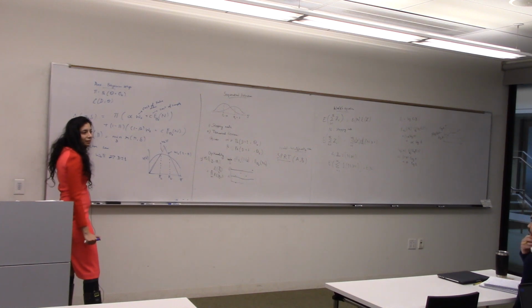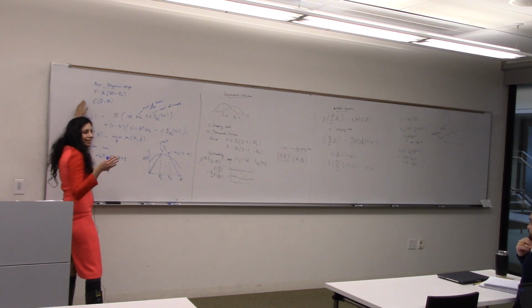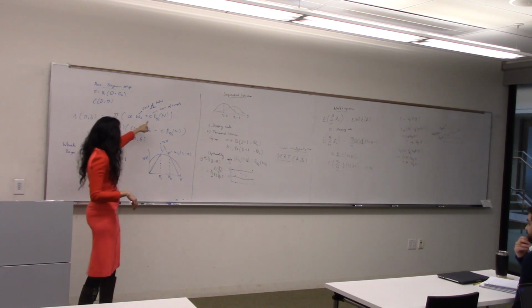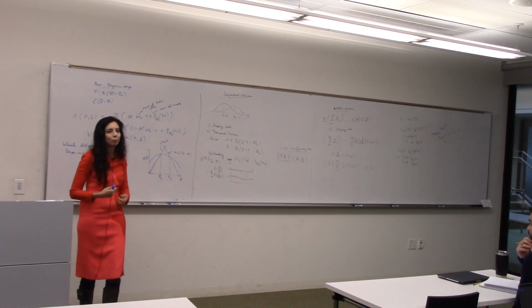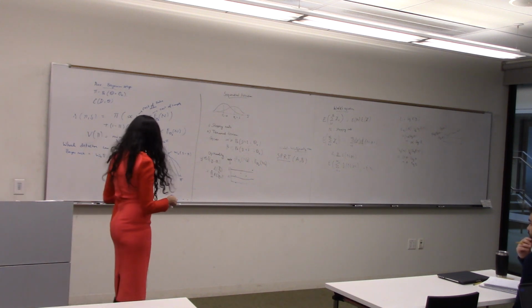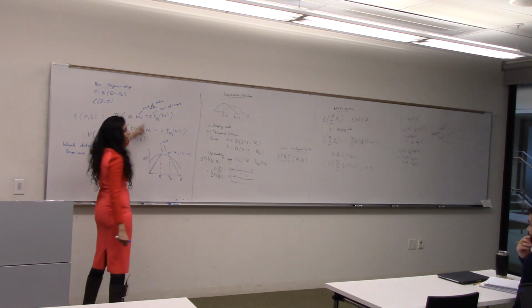Is that clear? The intuition is if your prior is too low or too high, I'm better off not collecting any samples. And of course, that depends on my cost of samples. So pi L and pi U are a function of C because it also depends on what is the cost of my samples and what is the cost of my errors.